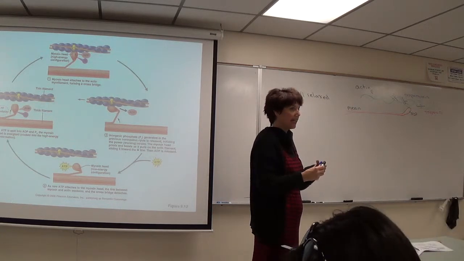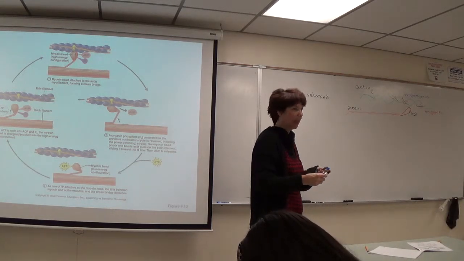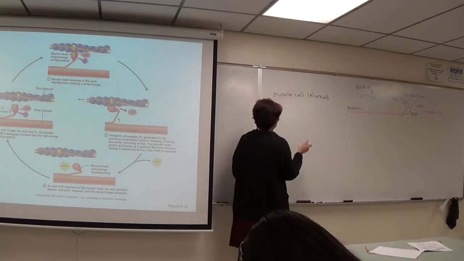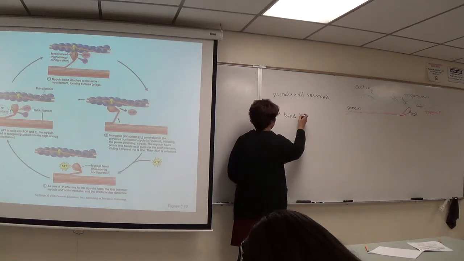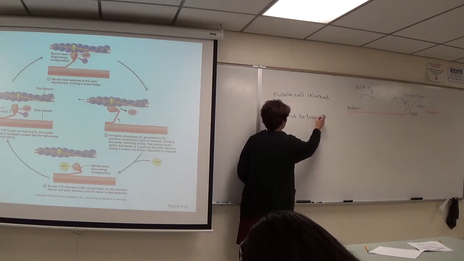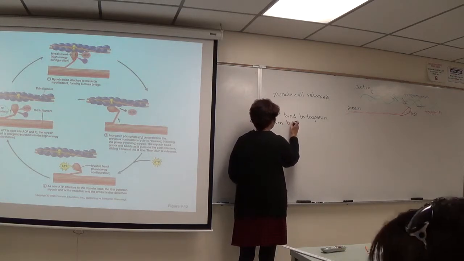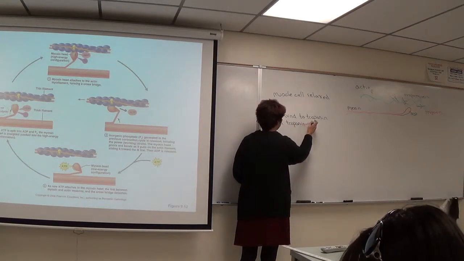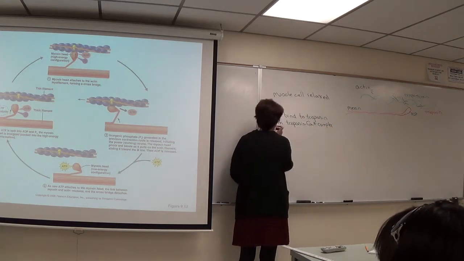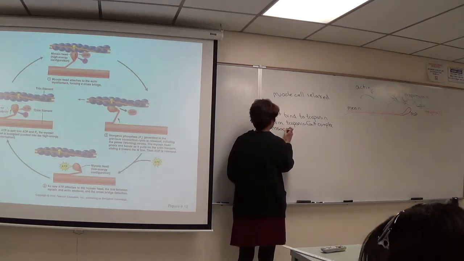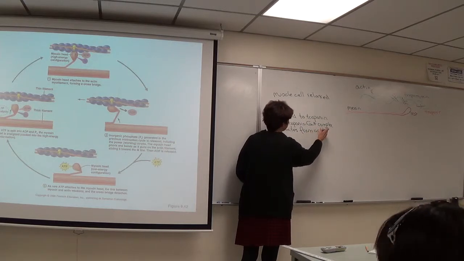So then the next step is calcium binds to troponin. So calcium ions bind and form the troponin calcium complex, which dissociates from actin.